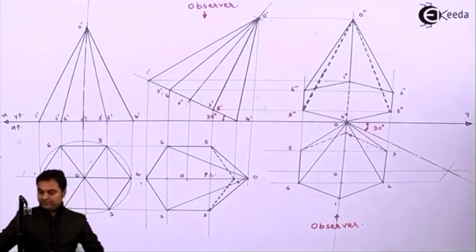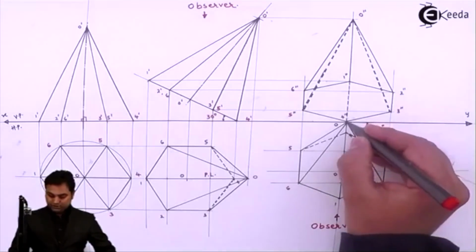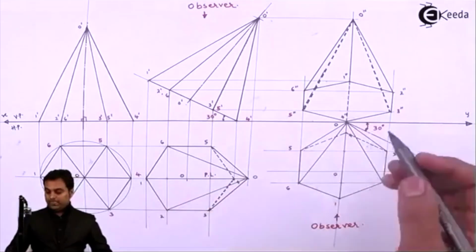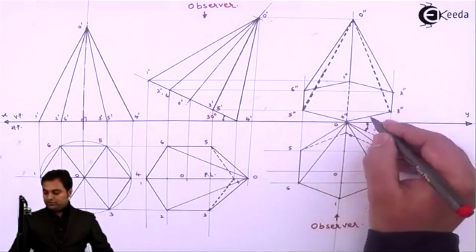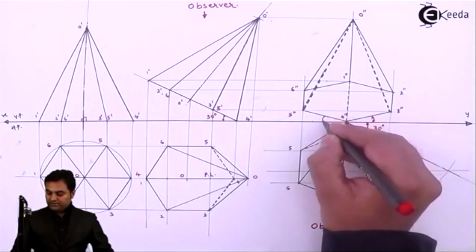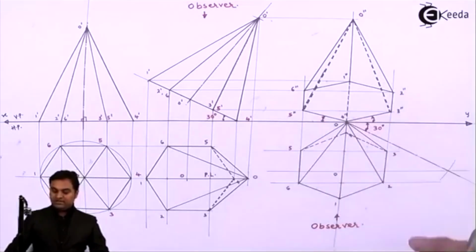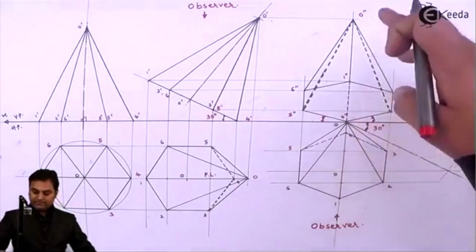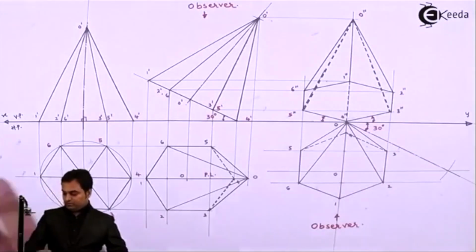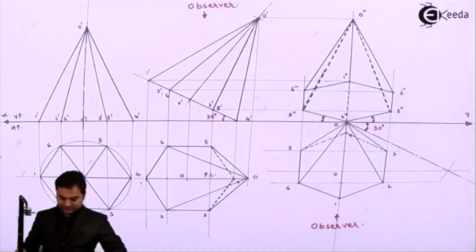And here if we see, as it is mentioned in the question, the corner on which it is resting, corner 4, the edges of that corner are equally inclined with HP seen in VP. That is why we have taken this axis as vertical and the apex is in the VP. So after completing these conditions, here I will be giving the dimensioning to it.